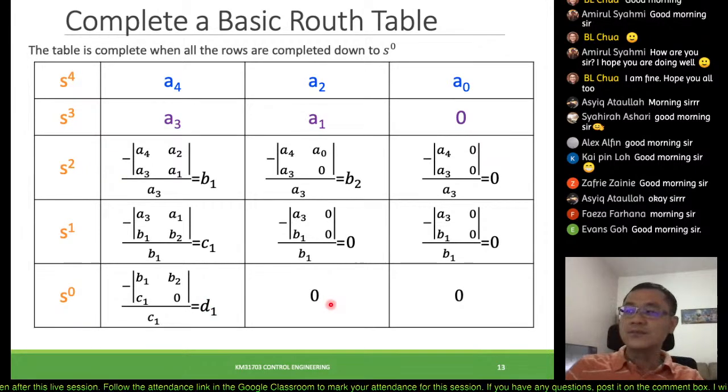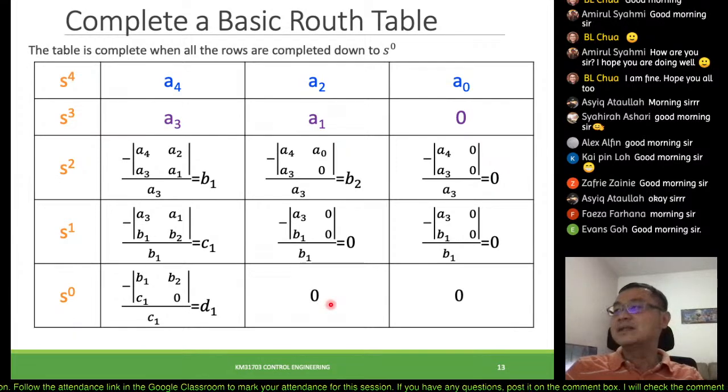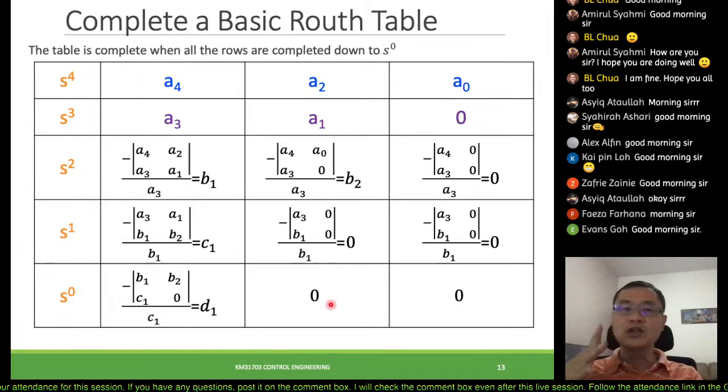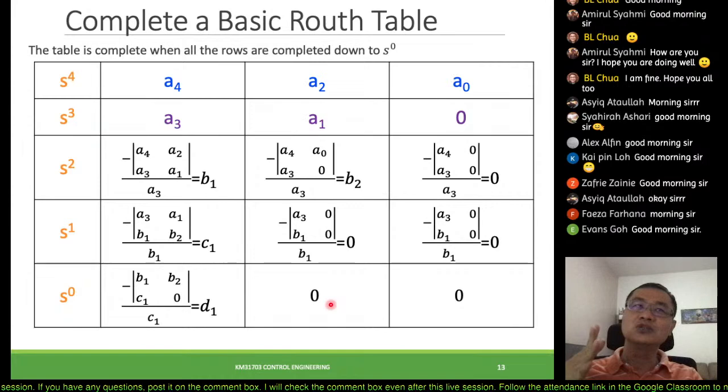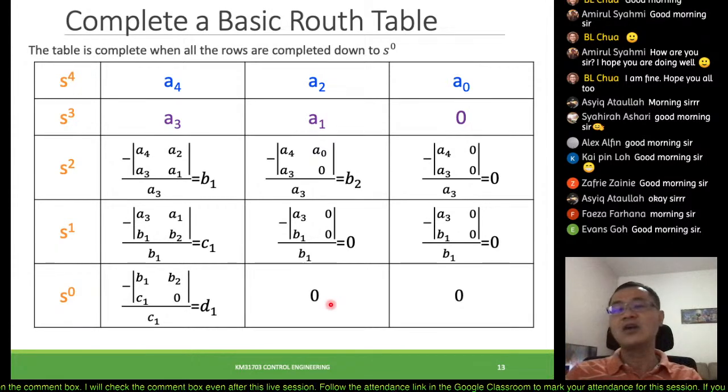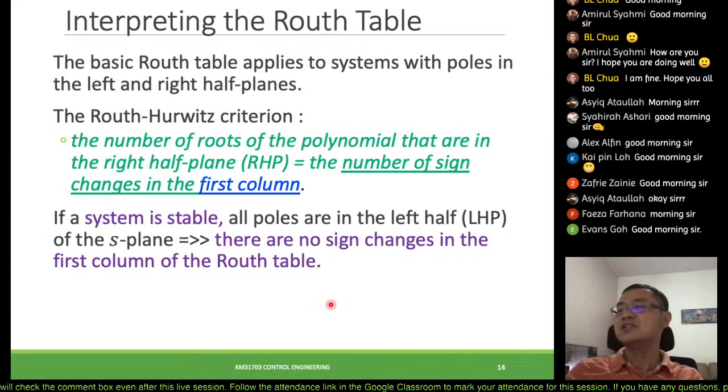table. Once we have completed the rough table, the next task is how to interpret this table in order to identify whether the pole is lying on the left or right or on the imaginary axis.